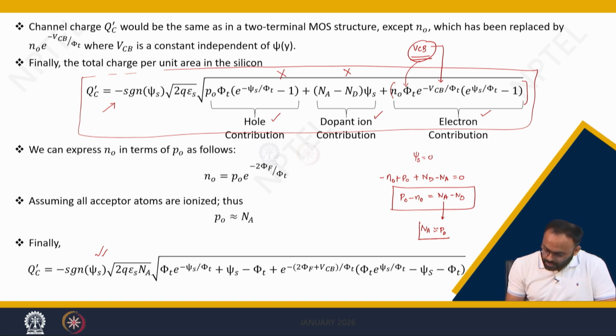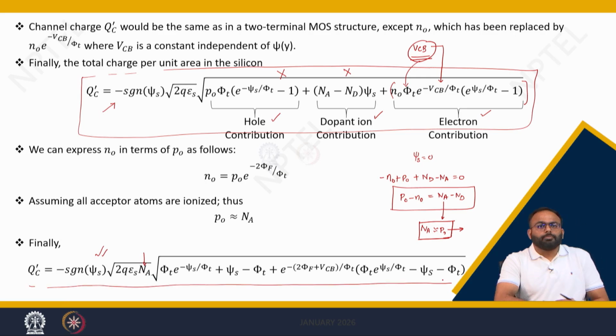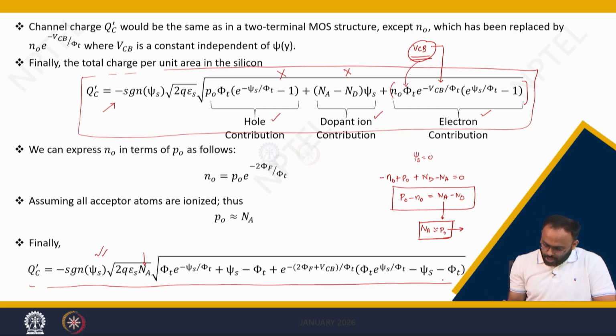For a p-type semiconductor we can simply write P_0 is nothing but N_a. So, you take N_a outside, you will get the same expression that we have derived for 2-terminal MOS, and this equation holds good for all regions of operation, whether your structure is in accumulation, depletion, inversion, strong inversion, and so forth. So, ultimately you see that the V_CB term is coming here.